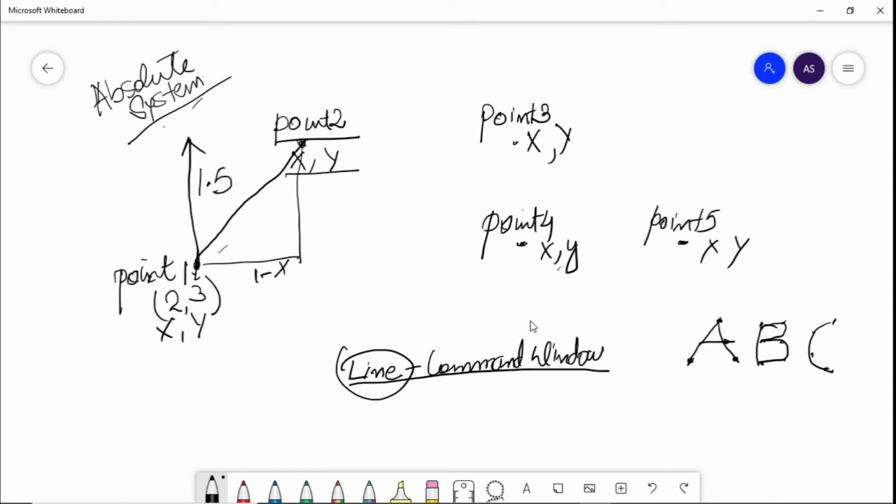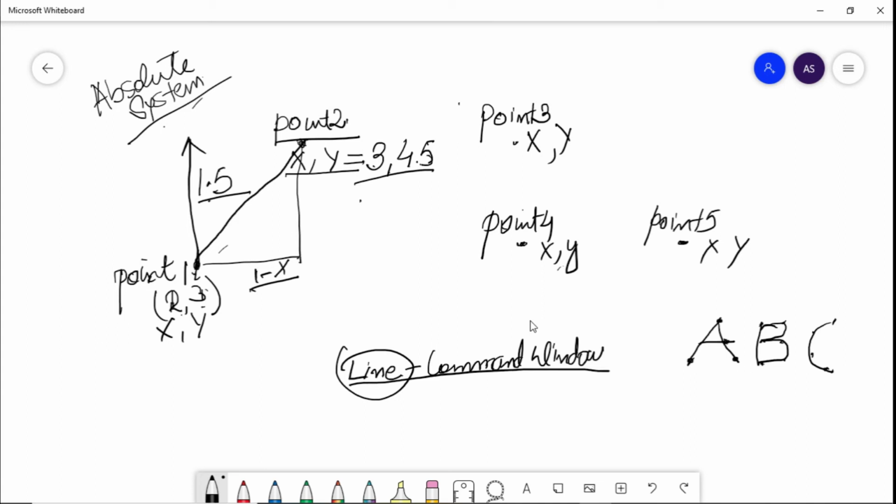So in the absolute coordinate system, we'll add these values of x and y into the initial values of x and y, and this new point will become 2 plus 1, which is equal to 3, and 1.5 plus 3, which is equal to 4.5. So this new value at point 2 is 3 comma 4.5.